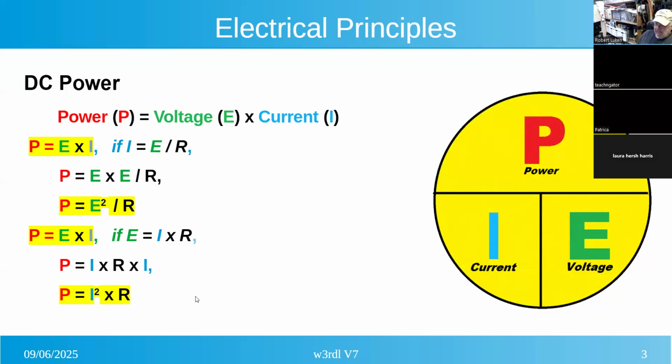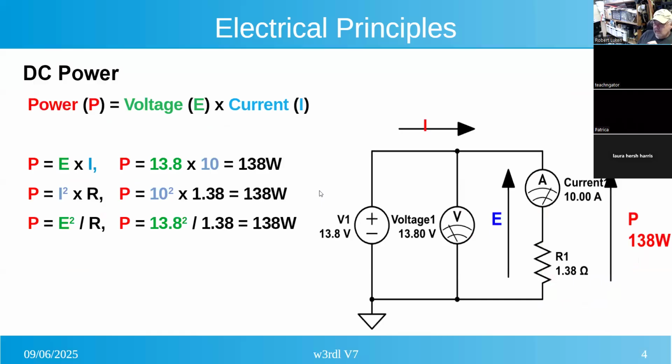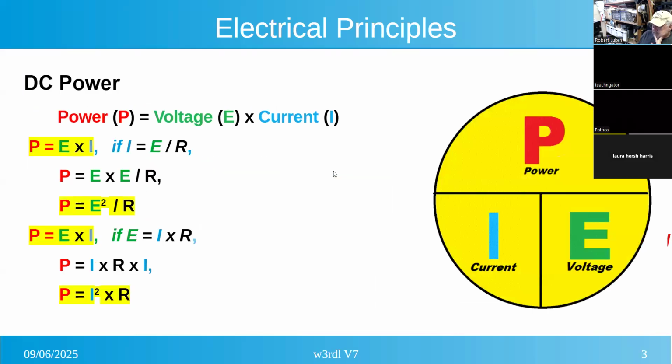In that case, you don't know the voltage. So if I wanted to enhance this pie chart a little bit, I would add P, power in watts, I, current in amps, and E, voltage in volts.